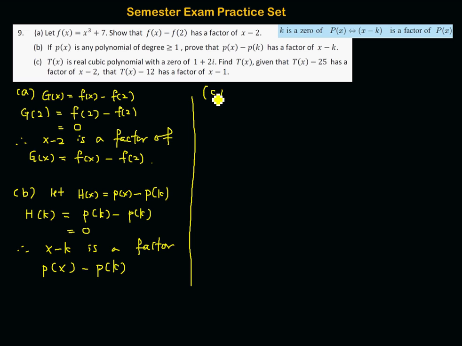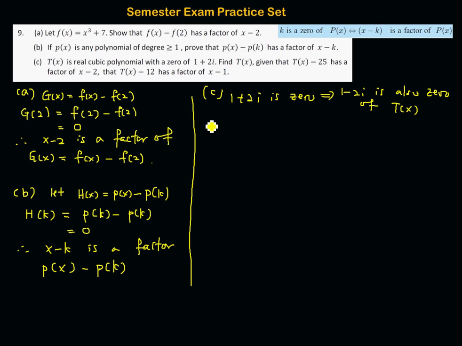Part C actually relies on our ability to spot patterns and also the result in B. Now let's look at this. Given that 1 plus 2i is a root, that means 1 minus 2i, the conjugate, is also a root of t(x) specifically.